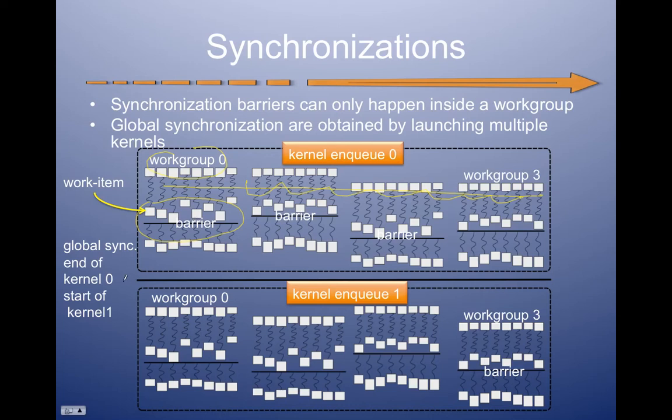If you want a global synchronization, you have to create 2 kernels, and then you get the synchronization between the execution of the 2 kernels, and that will provide you a global way. This is not very convenient for programming, but this is the way to get it.